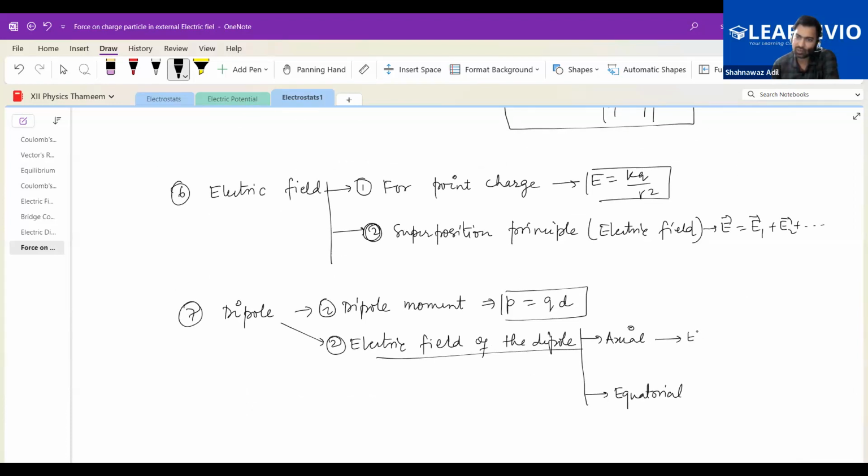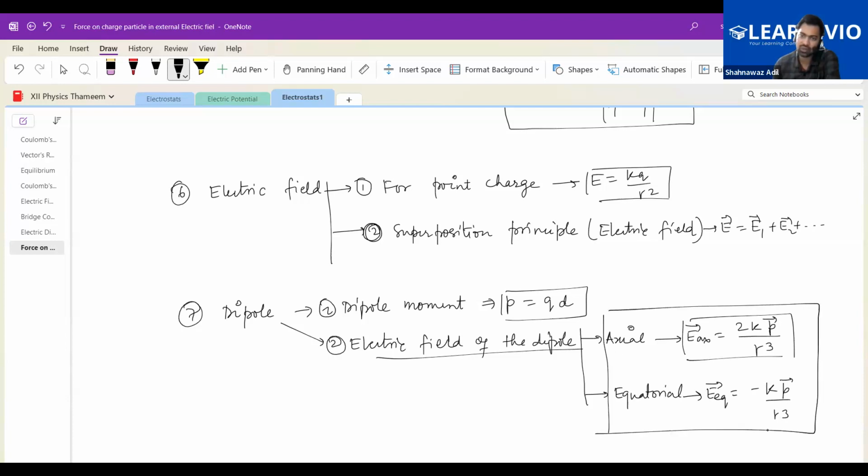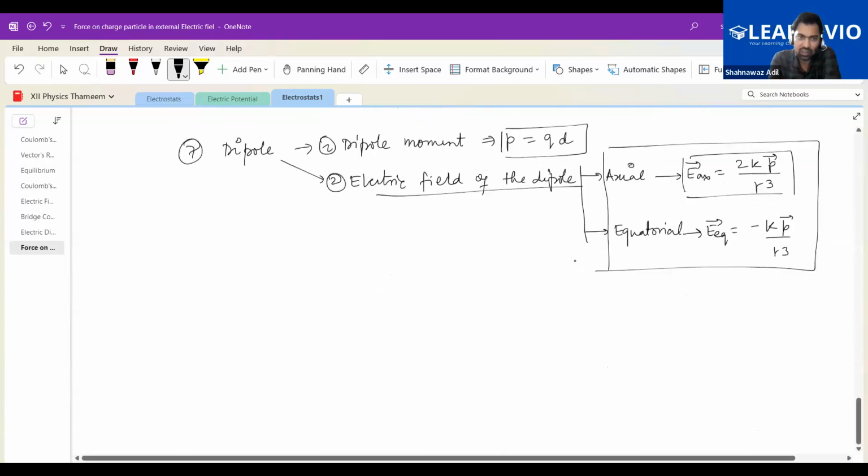Axial electric field was 2kp divided by r^3, and then equatorial was minus kp by r^3. So these are the things that we have understood in the dipole part, right?